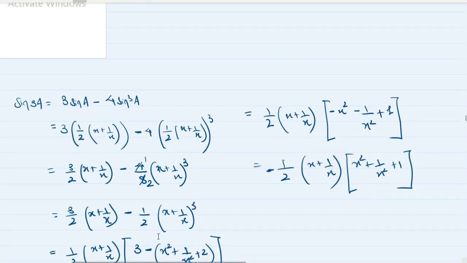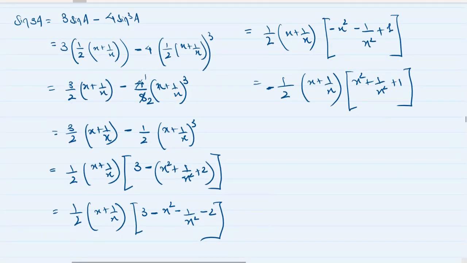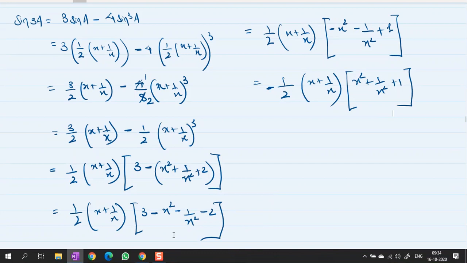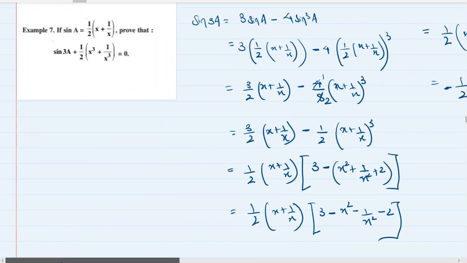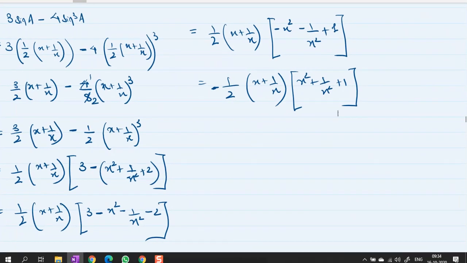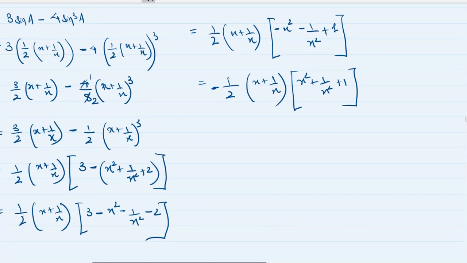Okay, now see, what we have to prove is sine of 3A plus half of x cube plus 1 by x cube. We have already got sine of 3A's value. This is nothing but sine of 3A, and we have already got minus half and some terms with x on the right hand side.